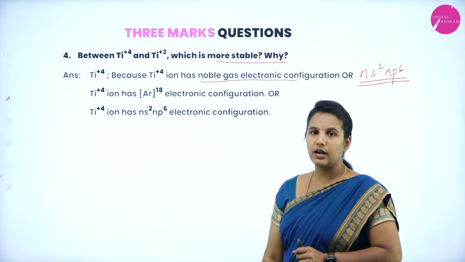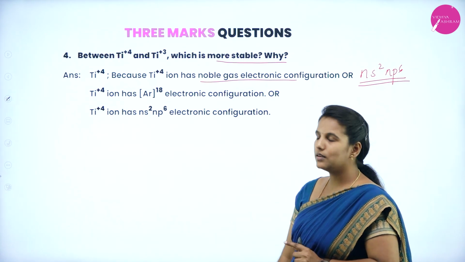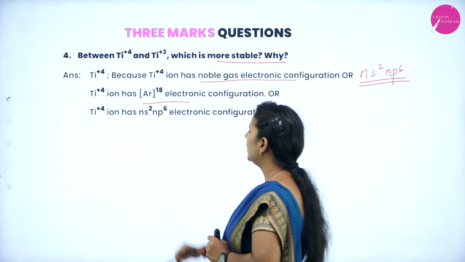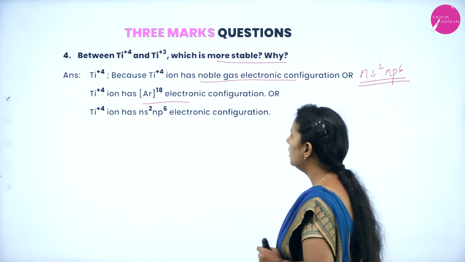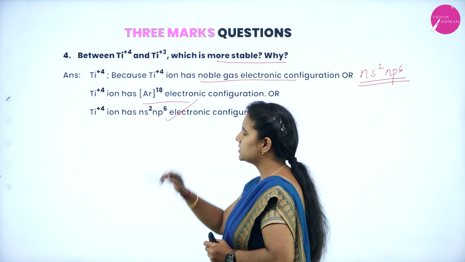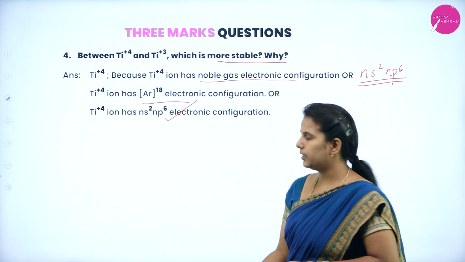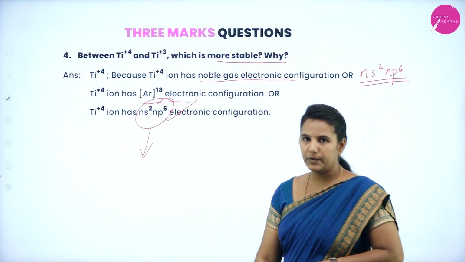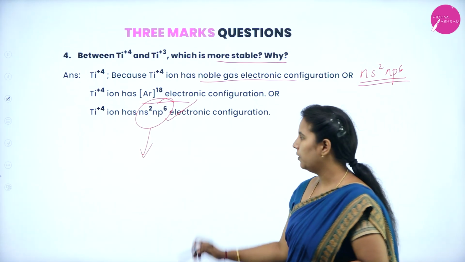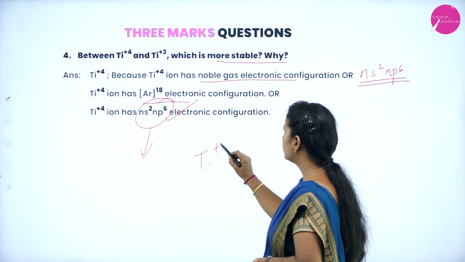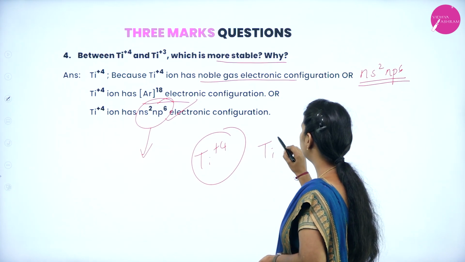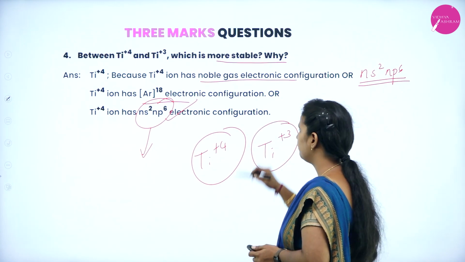That is why it has a noble gas electronic configuration, the argon 18 electron configuration, or you can say it is ns2np6. That indicates that in its valence shell all the electrons are completely filled. Because of this, the titanium plus 4 oxidation state is more stable than titanium plus 3.